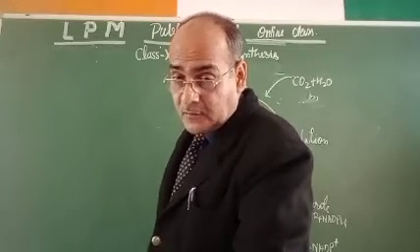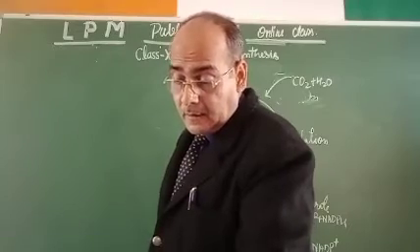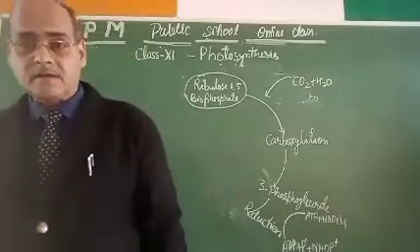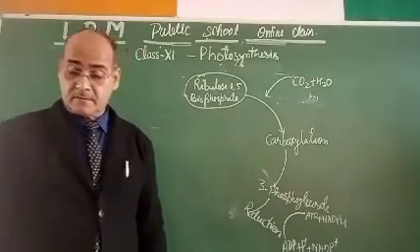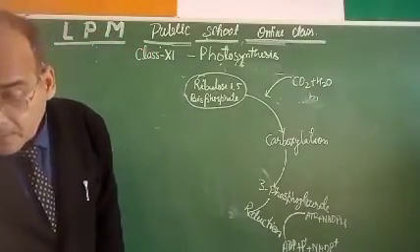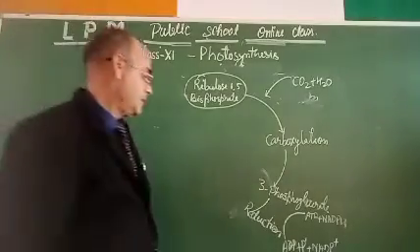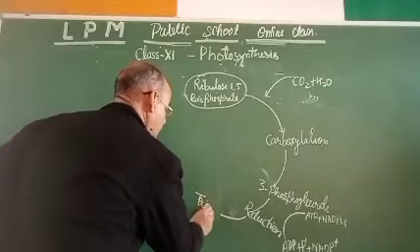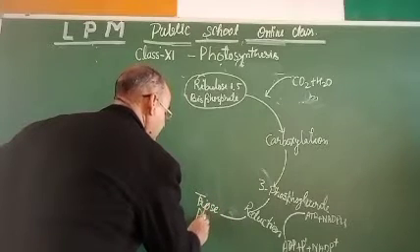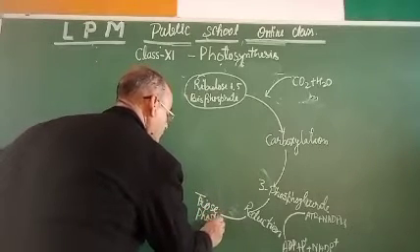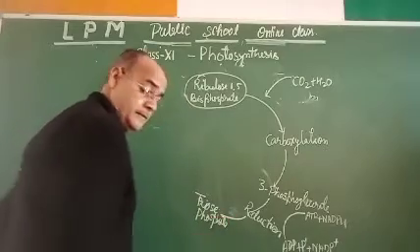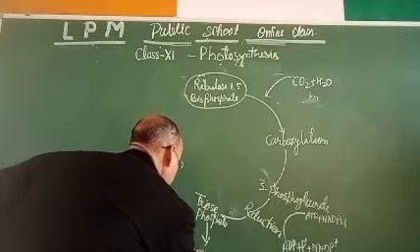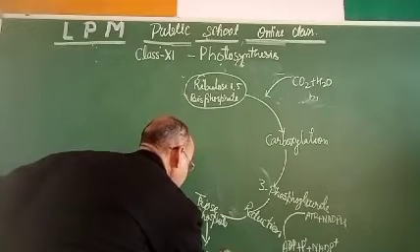After that the carboxylation takes place, which results in further formation of 3-phosphoglycerate, and reduction takes place, which results in the further formation of triose phosphate. And this triose phosphate leads to the formation of sucrose plus starch.